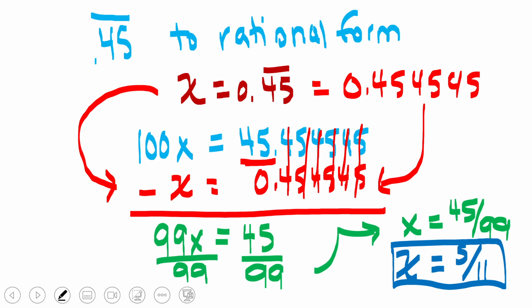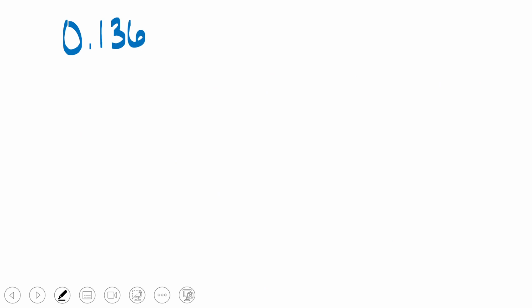Let's try another one. We're going to take this up a notch. We're going to be asked to convert something like 136 thousandths with the 6 repeating to rational form.